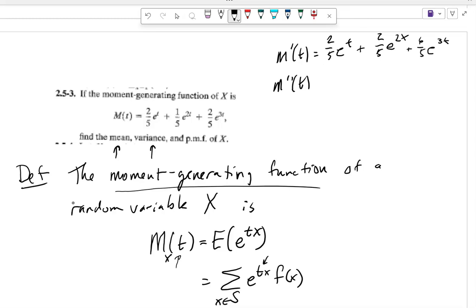Good. And let's go ahead and do the second derivative while we're at it. 2/5 e to the t. 4/5 e to the 2t. 18/5 e to the 3t.